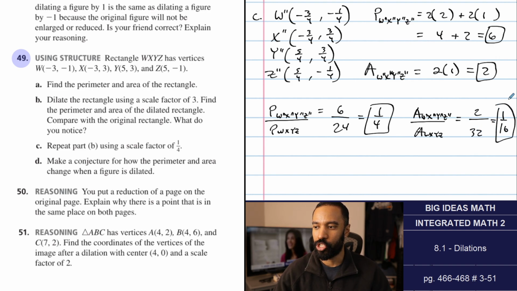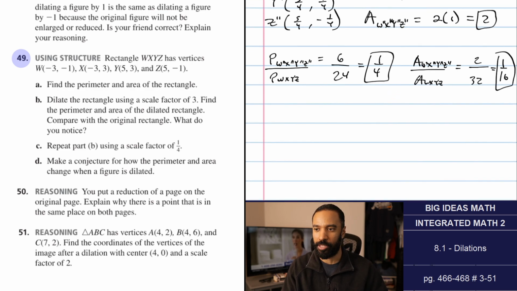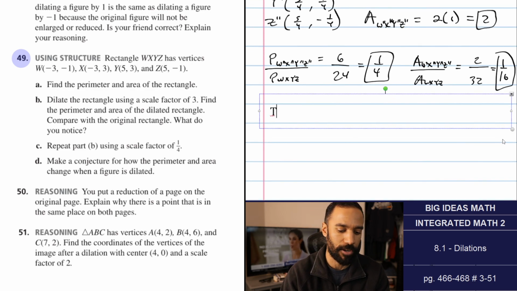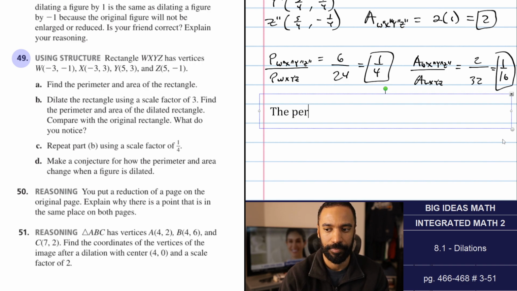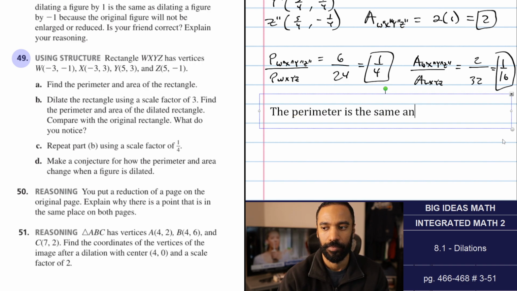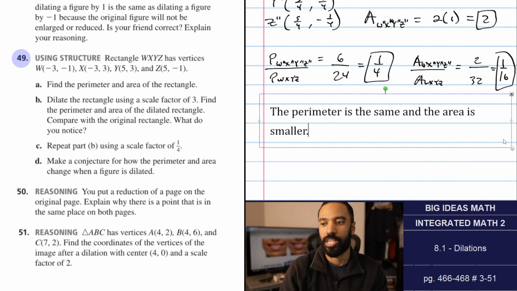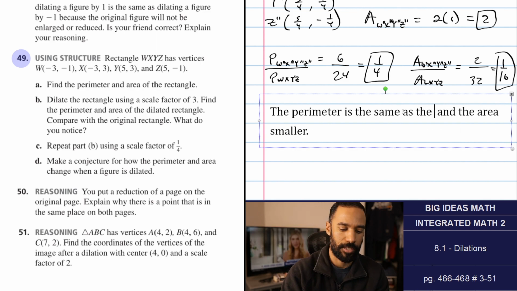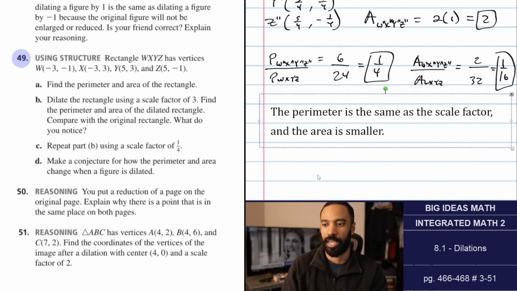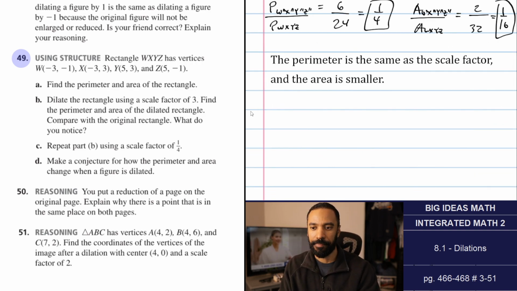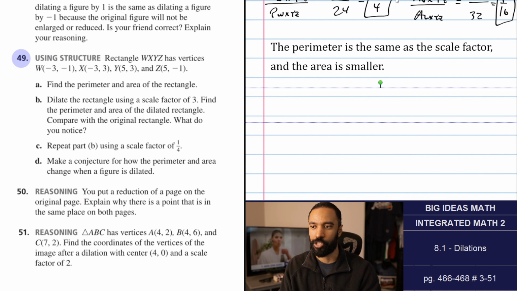Now, I made the conjecture once more before, and I'm going to say it again here: the perimeter is the same as the scale factor, whereas the area is different. Smaller. The area is smaller.